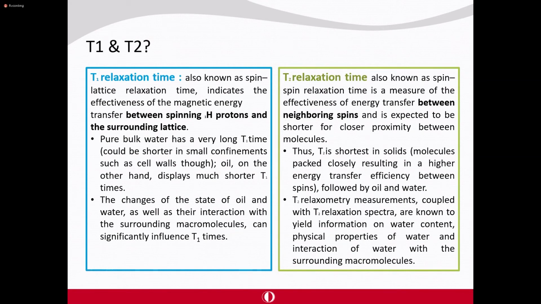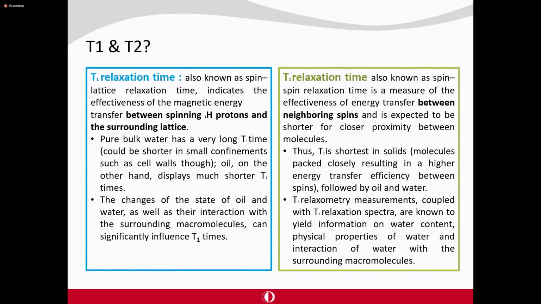The change of the state of the oil and water, as well as their interaction with their surrounding molecules, can significantly affect the T1. T2, known as spin-spin relaxation, is a measure of the effectiveness of energy transfer between neighboring spins and is shorter for closer proximity between molecules.